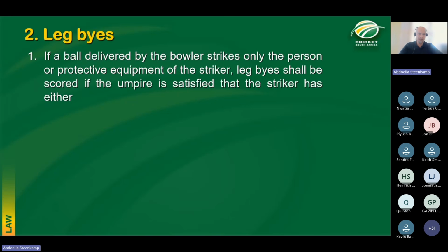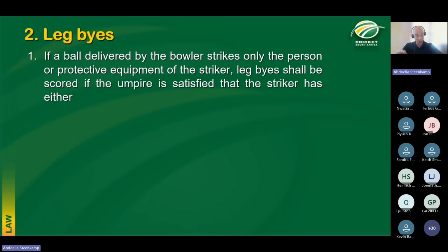Yes, I know they call it leg byes, so you might think it should only strike the leg, but no. Leg byes cover any part of the person. So if it struck the shoulder, the tummy, the leg, any part of the person, leg byes can be scored.